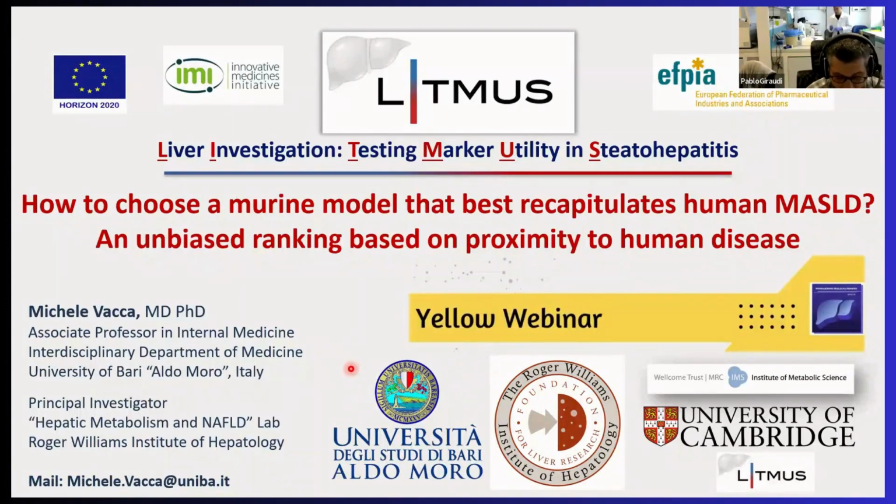His exceptional work has been part of prestigious projects like the Innovative Medicine Initiative 2 in the LITMUS project, testing marker utility in steatohepatitis, and Horizon 2020 in the Elucidating Pathways of Steatohepatitis project, the EPOS, where he contributed with studies on steatohepatitis and lipid dynamics.